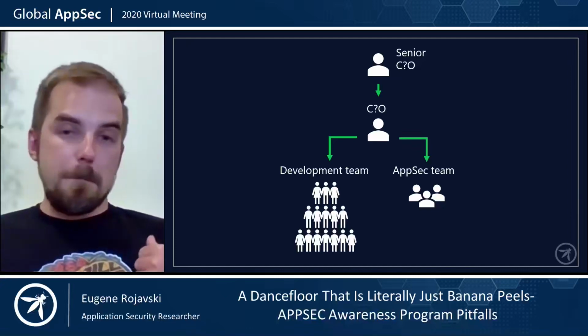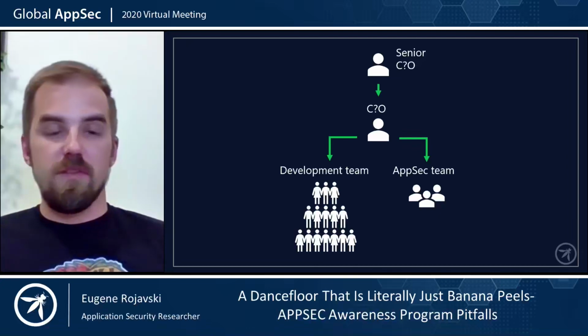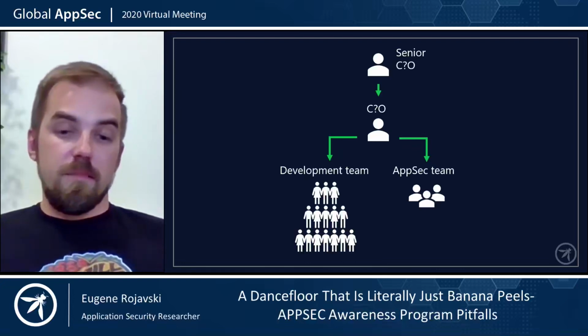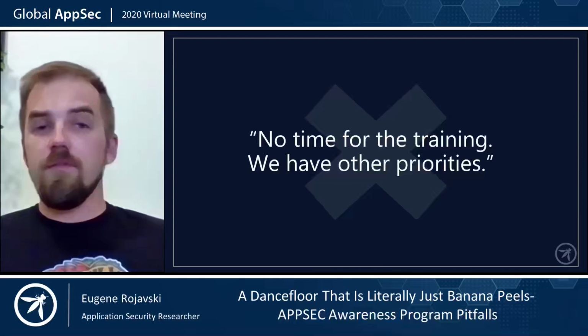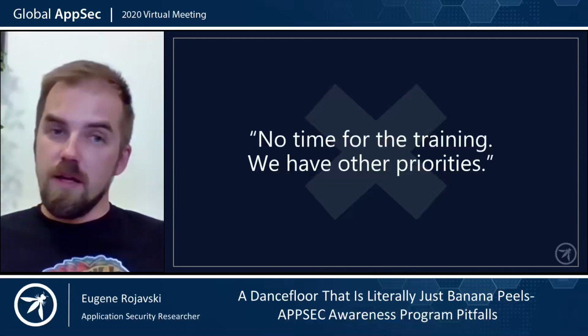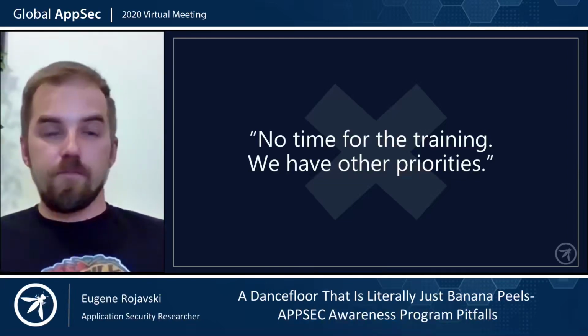But to be honest, high budgets, a lot of experts in your team, and a development team supporting you exist only in the world of unicorns. And another pitfall that you probably will get into is that you have not enough resources, so you don't have enough time for training because the AppSec team has other priorities.